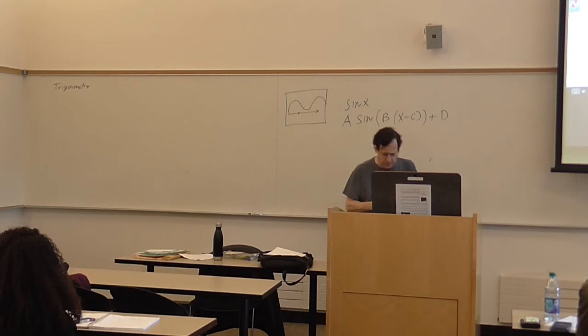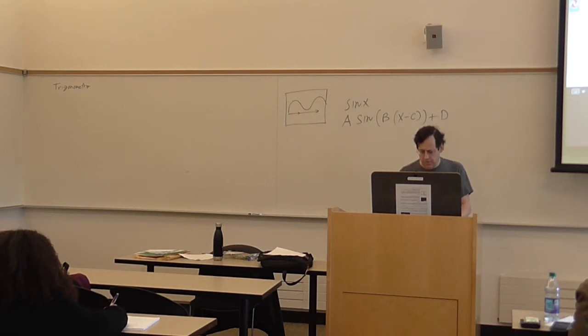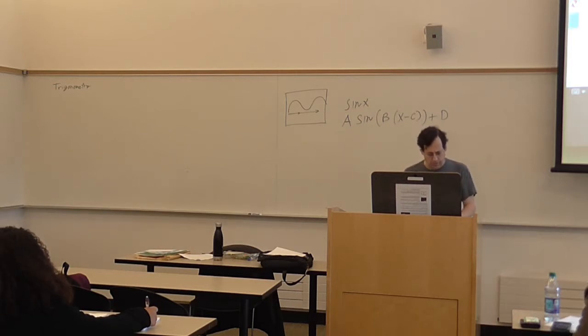So we're going to take a look. First thing I'm going to do, I'm going to try putting an a on there. Okay, so that's the sine. Let's do a different one. 2 sine. What do we see? This is just a dilation where we've multiplied the height.